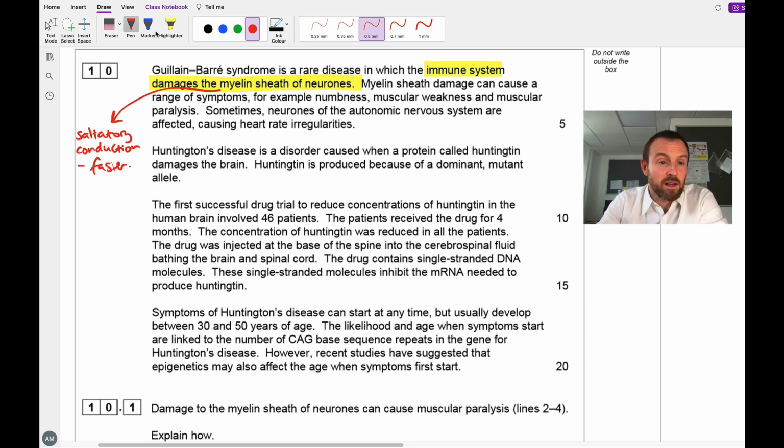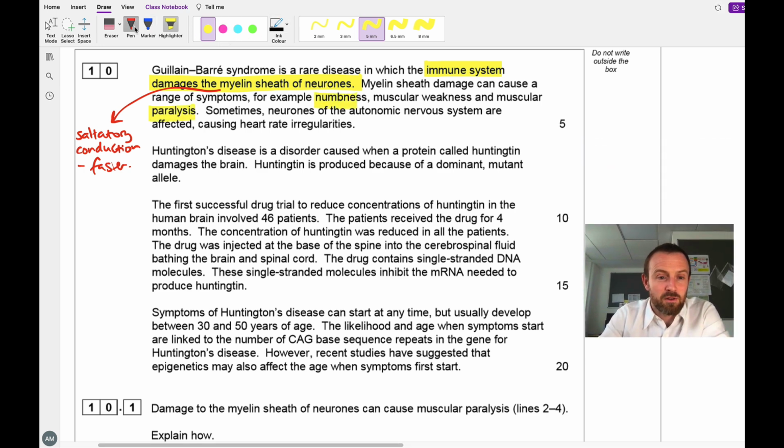And if we're going to remove that, we're not going to be able to do that. Numbness, muscular weakness, muscular paralysis, and that's because obviously nerves connect to muscles, so no electrical impulse to muscle.